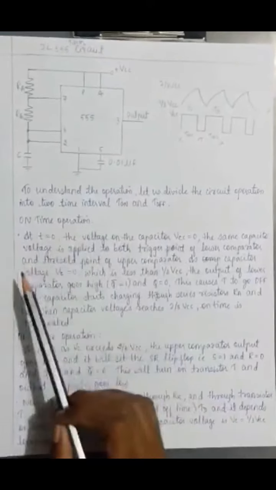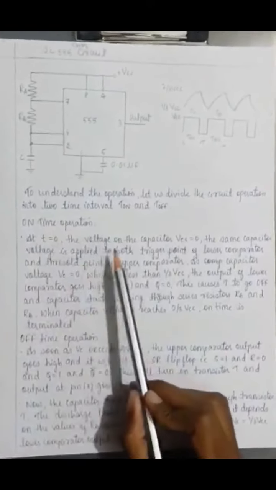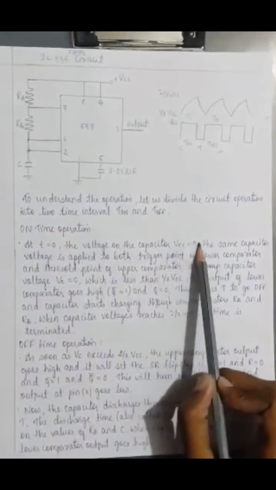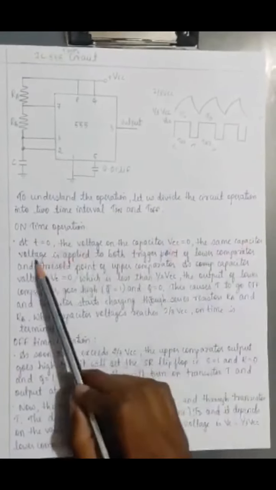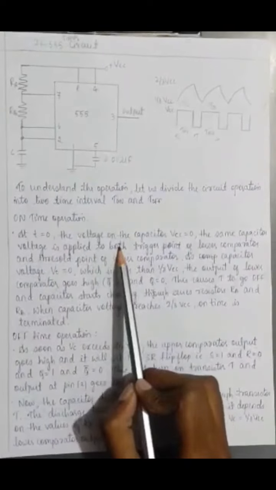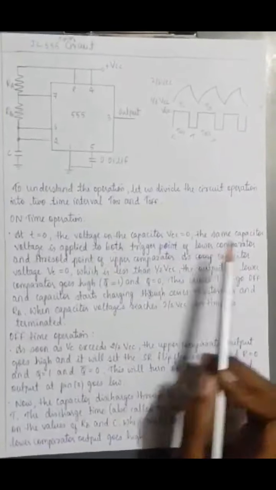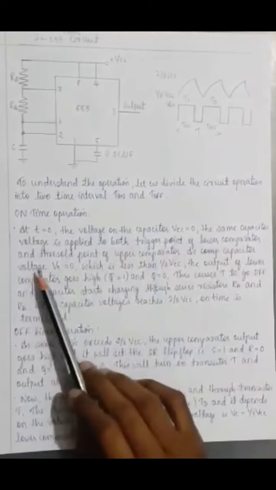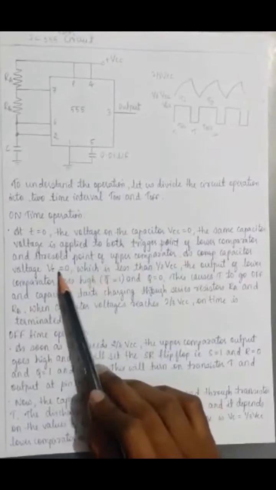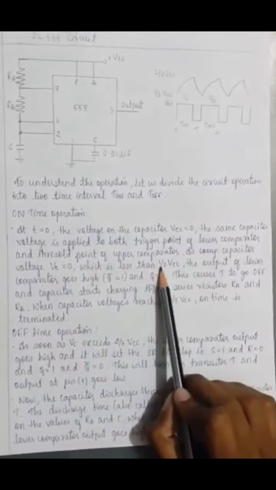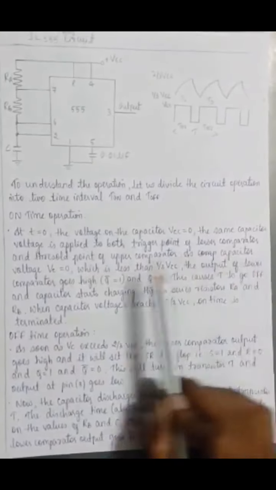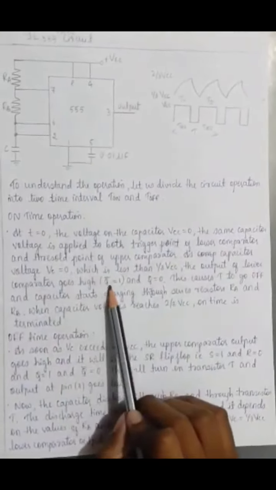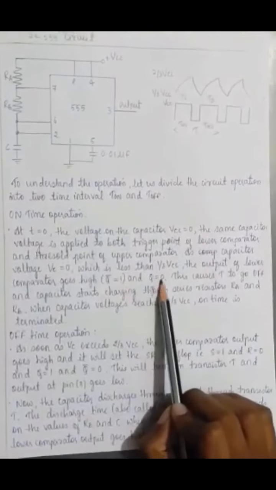Now on time operation. At T equal to 0, the voltage on the capacitor Vc is 0. The same capacitor voltage is applied to both the trigger point of the lower comparator and the threshold point of the upper comparator. As the capacitor voltage Vc is 0, where Vc is less than 1/3 VCC, the output of the lower comparator goes high, that is Q bar will be 1 and Q will be 0.